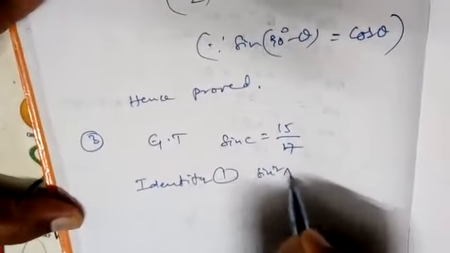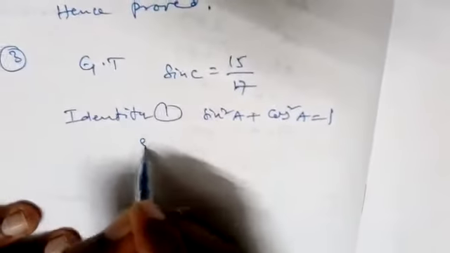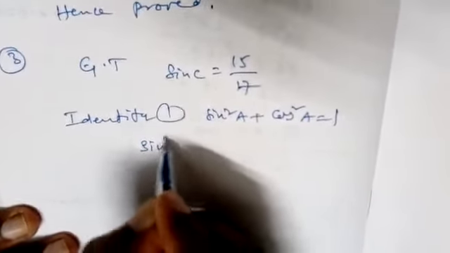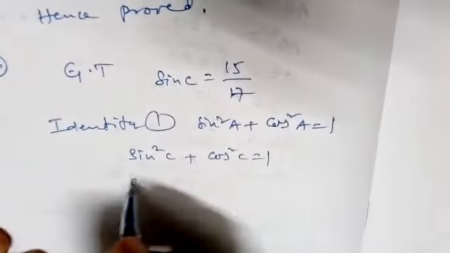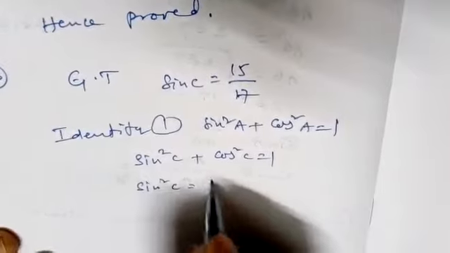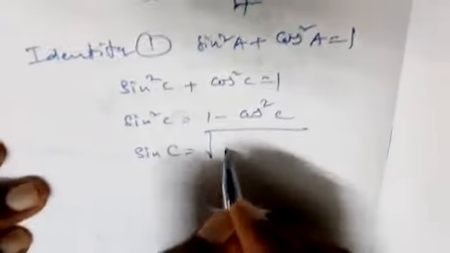Sin square A plus cos square A is equal to 1. So based on this, sin square C plus cos square C is equal to 1. Sin square C is equal to 1 minus cos square C. Sin C is equal to square root of 1 minus cos square C.